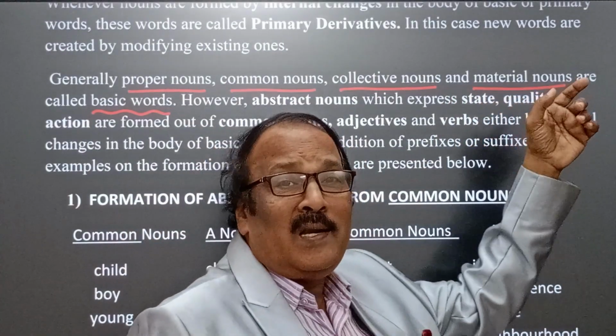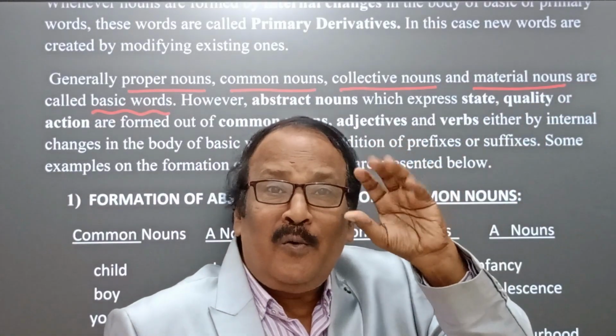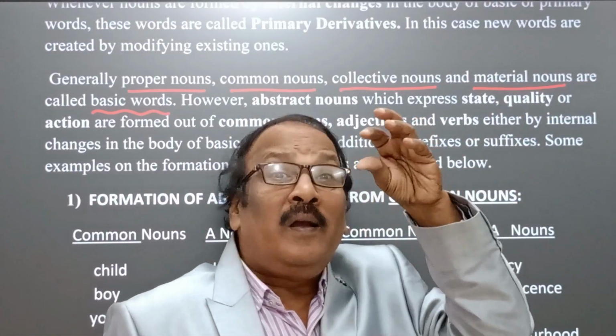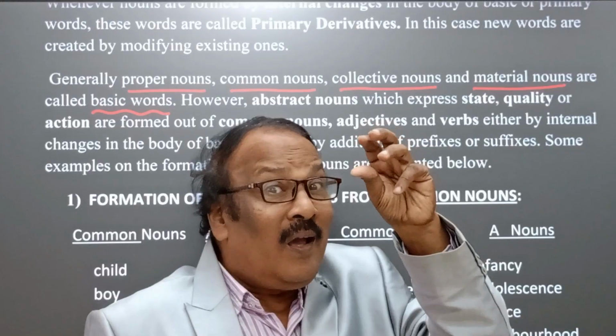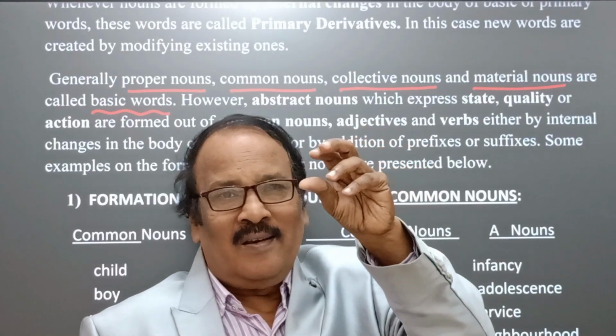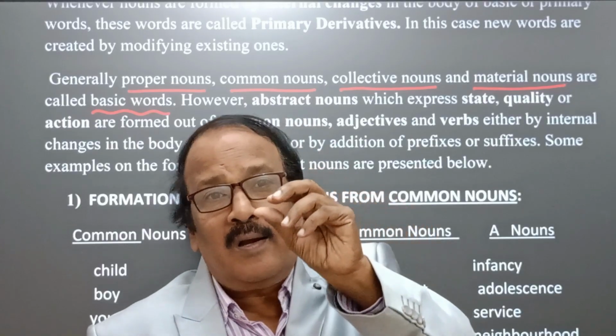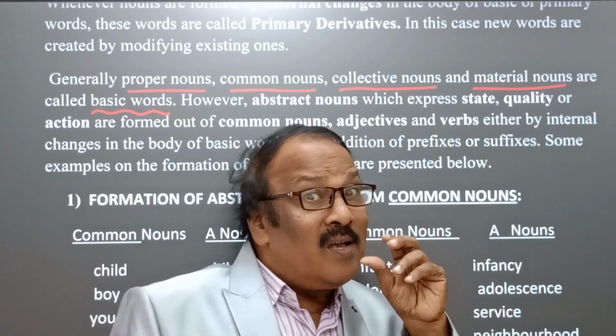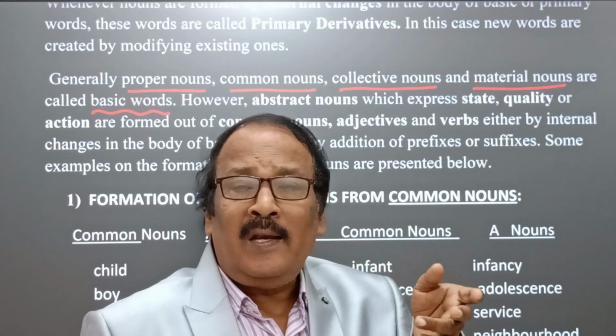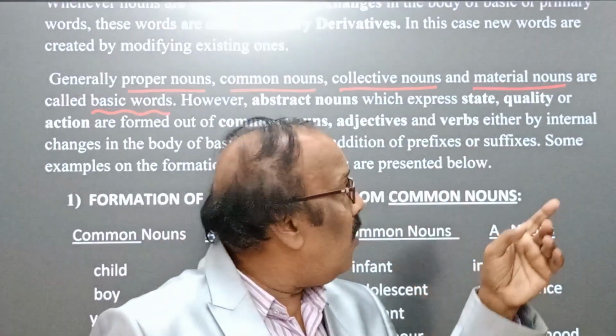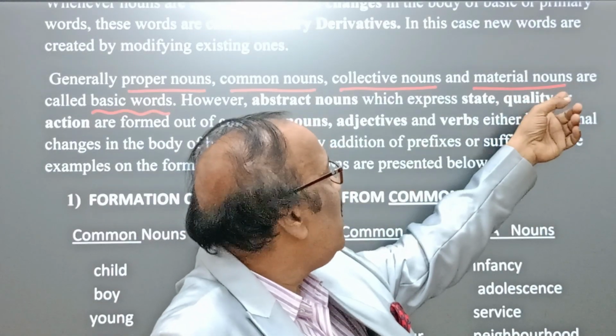Now come to material nouns. Solid, liquid, and gas. Rice, sugar, coal, ghee, honey, water. Again, gas: hydrogen, oxygen, methane. So you see, all these are what we call material nouns.